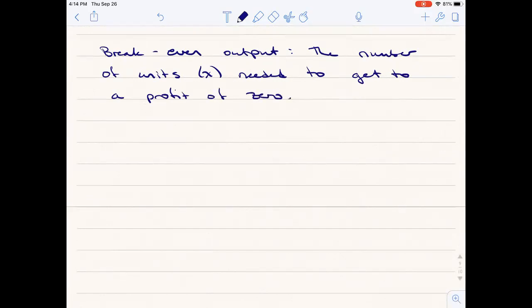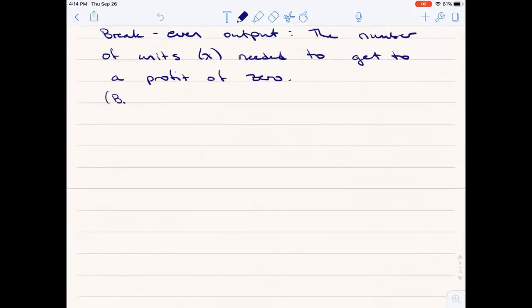Right. So the break-even point is when the profit is 0. Break-even point is when the profit is 0.